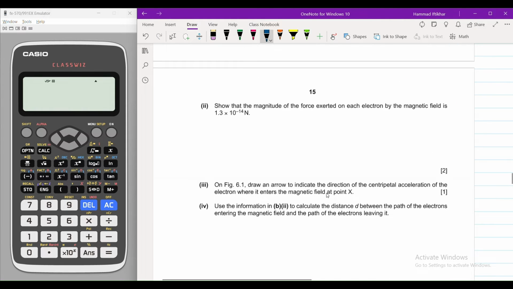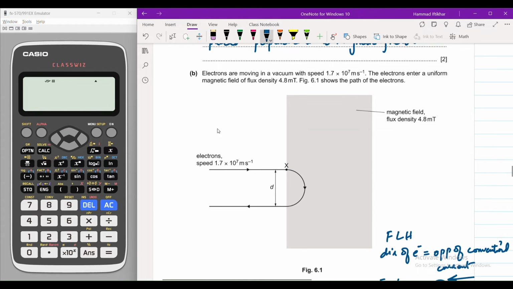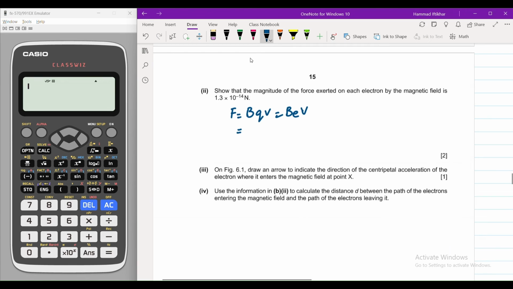Okay, all right. Show that the magnitude of force exerted on each electron by a magnetic field is this. So force is equal to BQV, or BeV basically, where V is the velocity. The magnetic flux density is 4.8 millitesla.